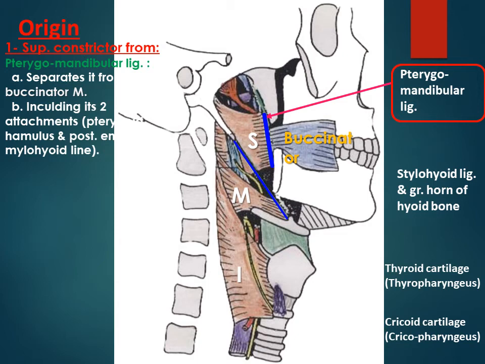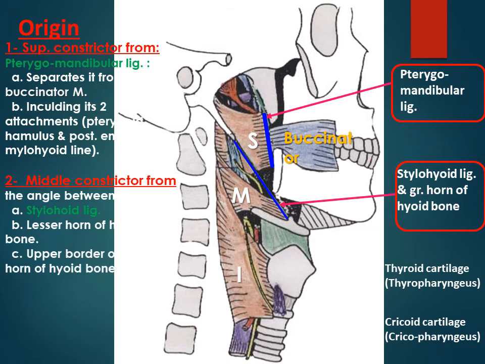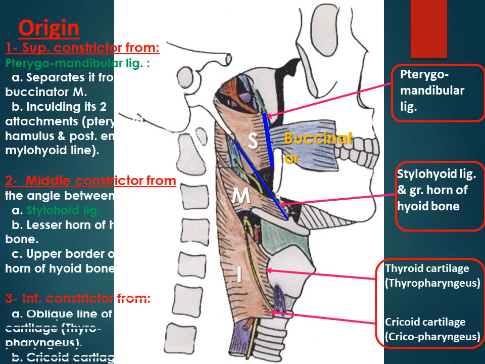It has two attachments, to the pterygoid hamulus and the posterior end of the mylohyoid line in the mandible. The middle constrictor arises at the angle between the stylohyoid ligament and the lateral horn of the hyoid bone and the upper border of the hyoid bone, and the inferior at the oblique line of the thyroid cartilage, this part called the thyropharyngeus, and also the cricoid cartilage.